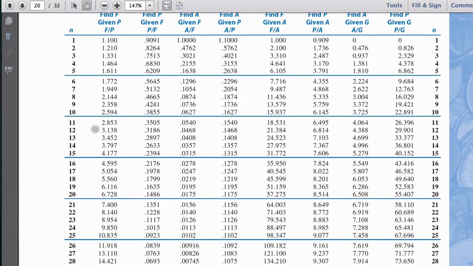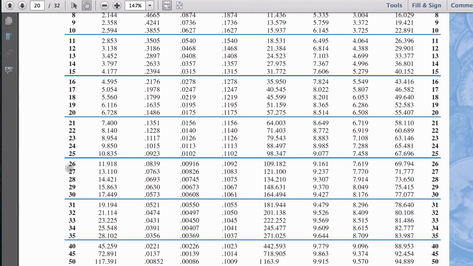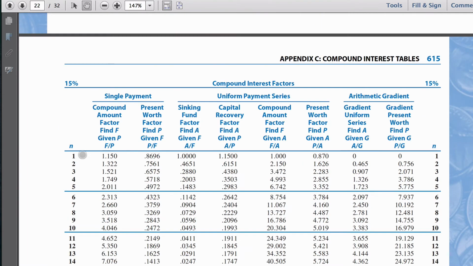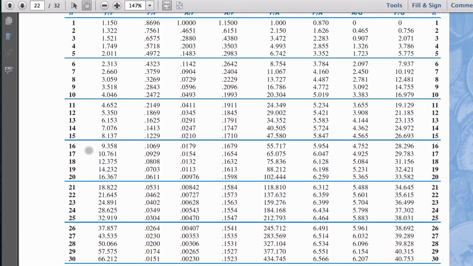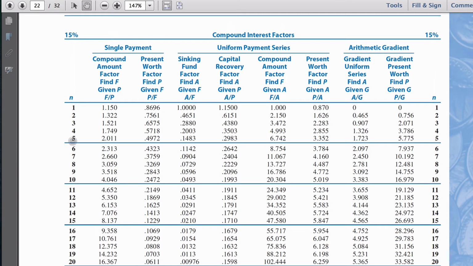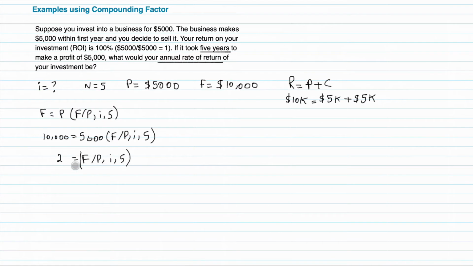That's not enough, so we need to move to a higher percentage. And 5 periods at 12% is 1.762. No, we need to get to 2. Right here, 15%, 5 periods, 2.011. Now that's not exactly 2.